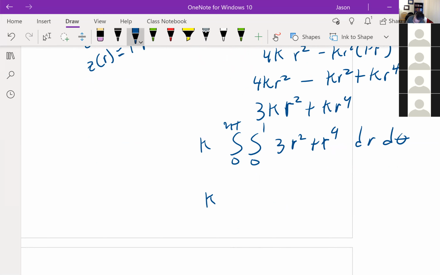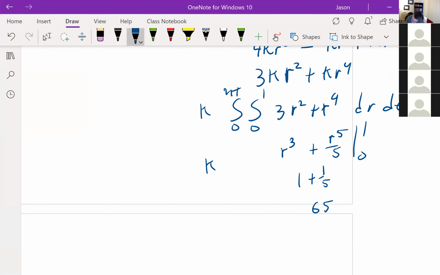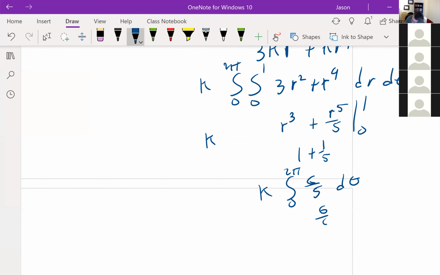Okay, so k, this is going to be 3r cubed over 3, which is r cubed, plus r to the fifth over 5, from 0 to 1. Plug that in, that's 1 plus 1/5, that's 6/5. Integrate from 0 to 2 pi of theta, so that's k times 6/5 theta from 0 to 2 pi.